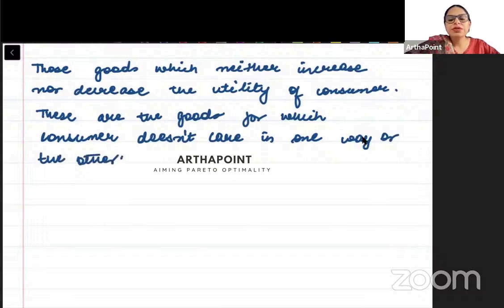So for example, let's say that for me, water is a neutral good. मतलब आप मुझे 1 unit पानी का दो या 2 unit या 10 unit, I don't care, right? So I am neutral about water.